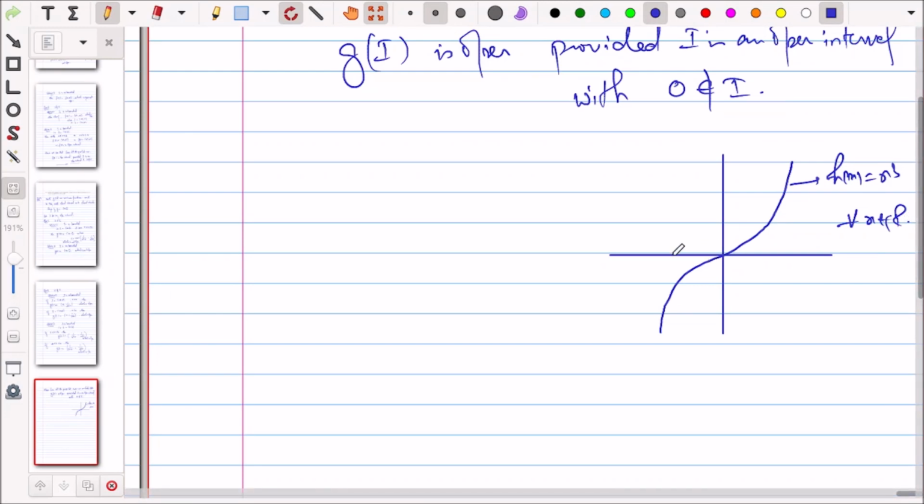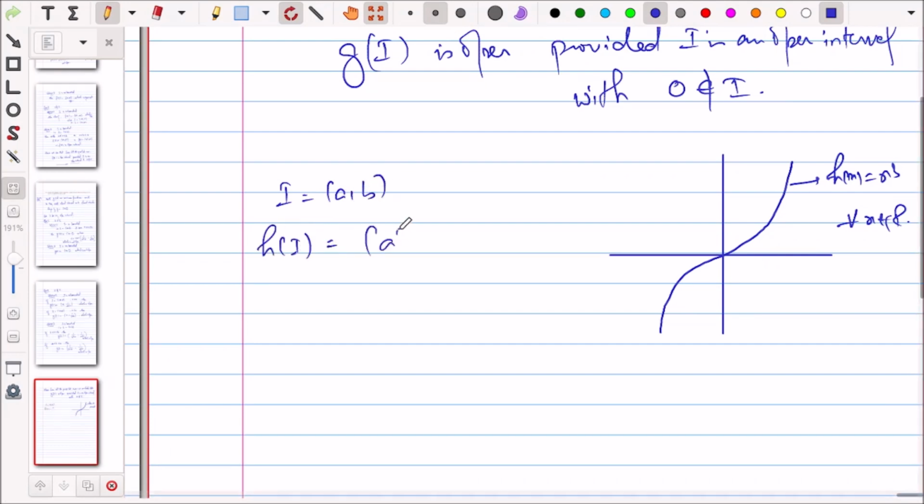If you take any open interval, then its image will again be an open interval, because this is a one-one function, so it does not repeat any value. For any open interval I, h of I will be an open interval. You can easily prove it: if you take I equal to (a, b), then h of I will be (a cube, b cube).